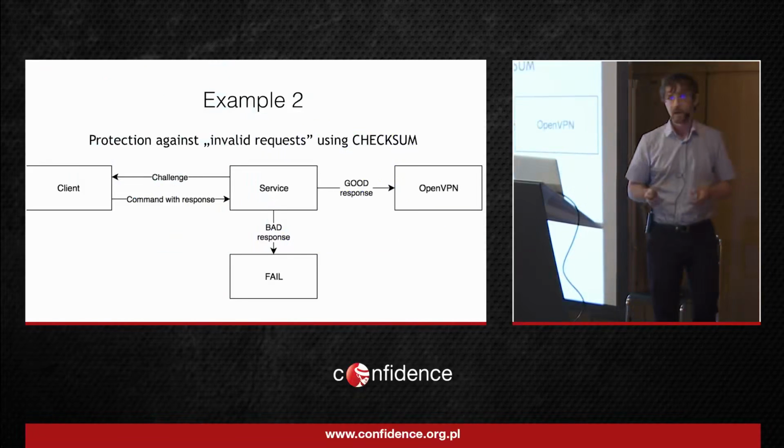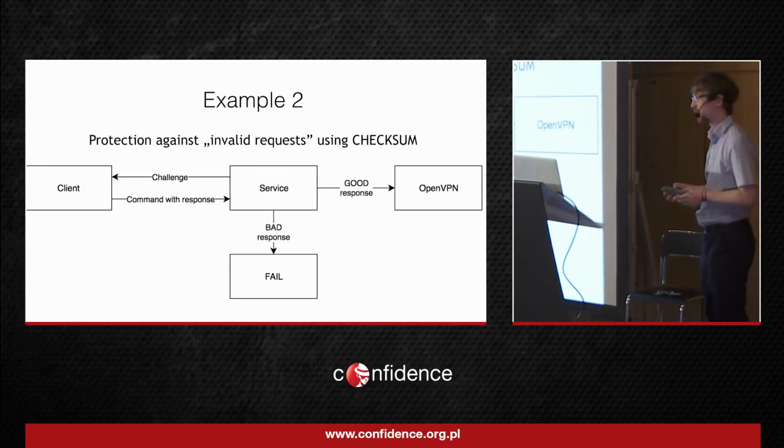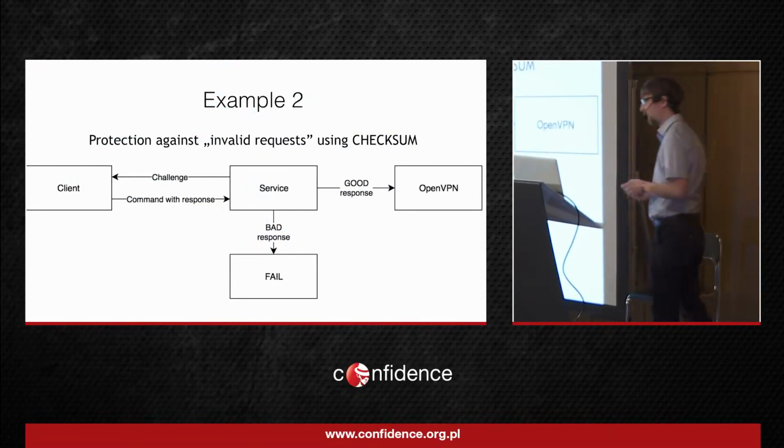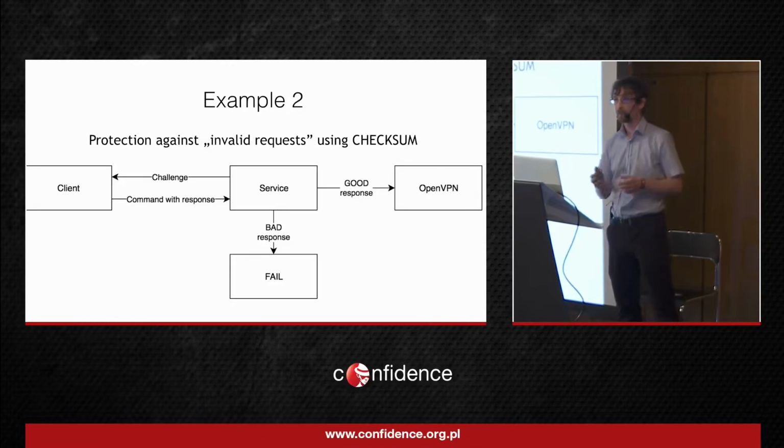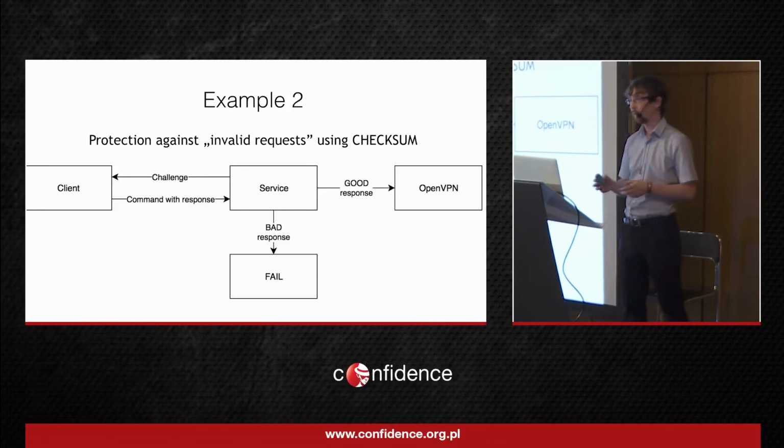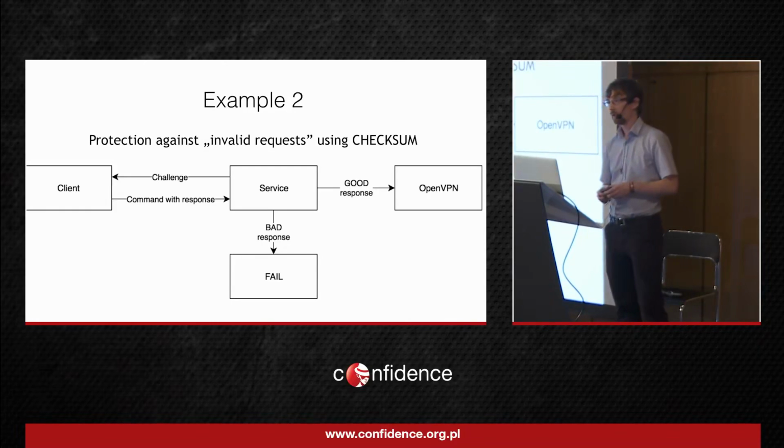So how can the vendor improve their software security? Example number 2. One of the vendors knows that executing everything that is passed to the socket is not a great idea, so he creates some kind of checksum mechanism.